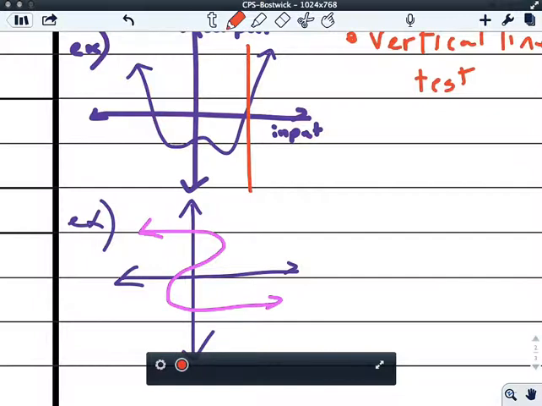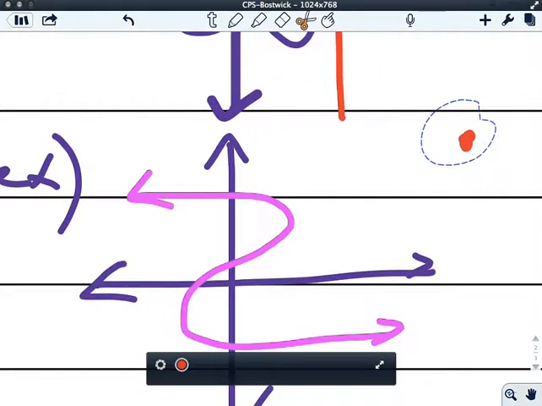And so let's consider what that means. I'm going to get my little pointer here again. If I choose this input right here, because this is my input axis, it maps to this output, it maps to this output, and it also maps to this output.